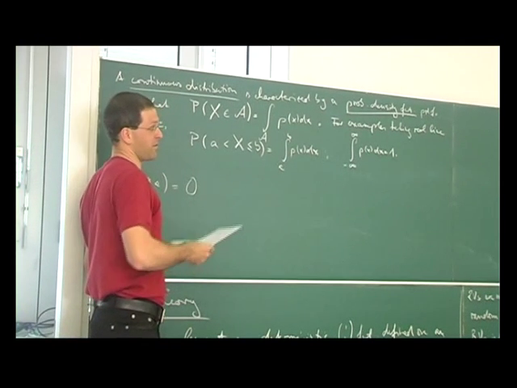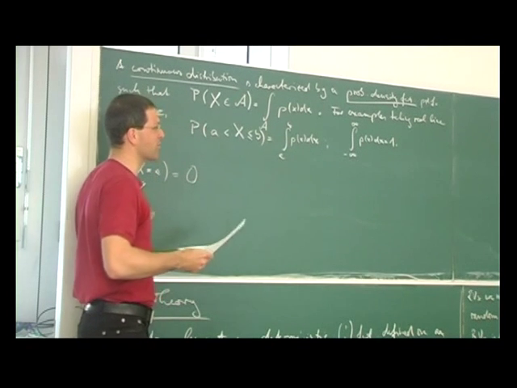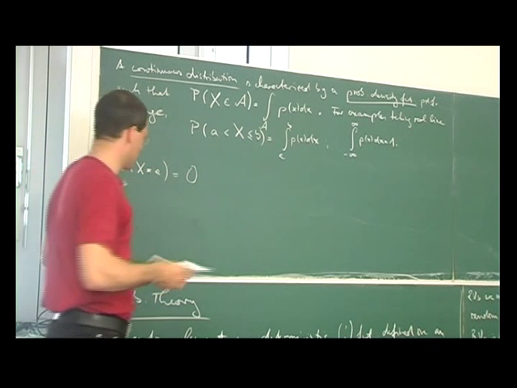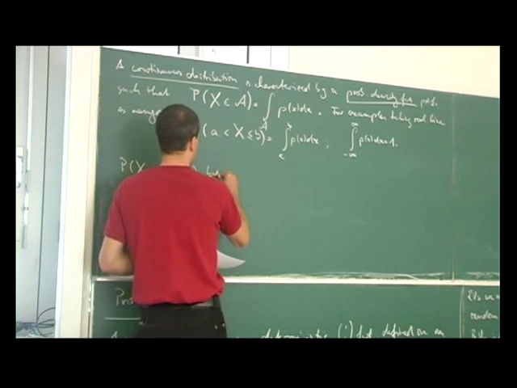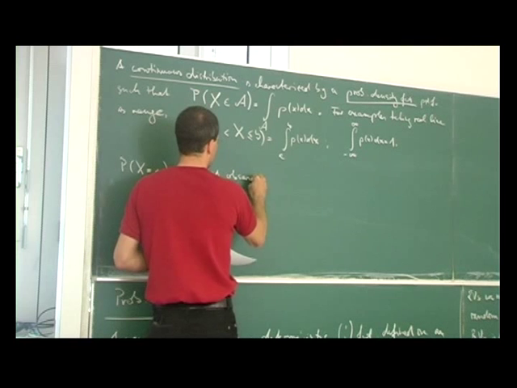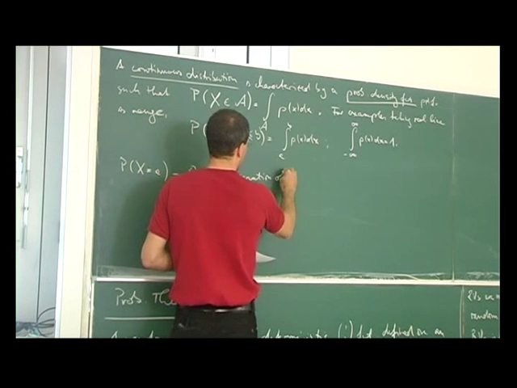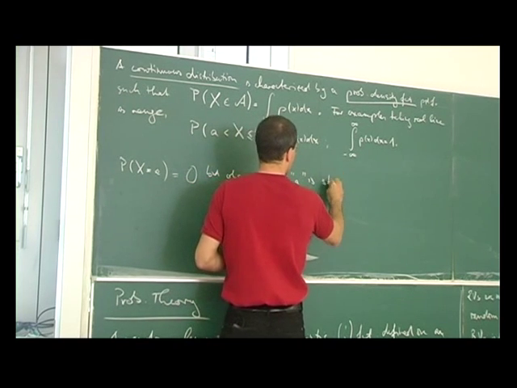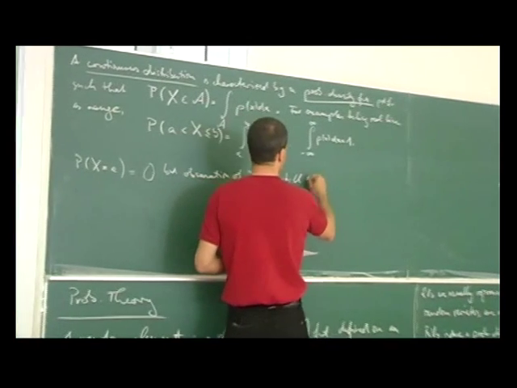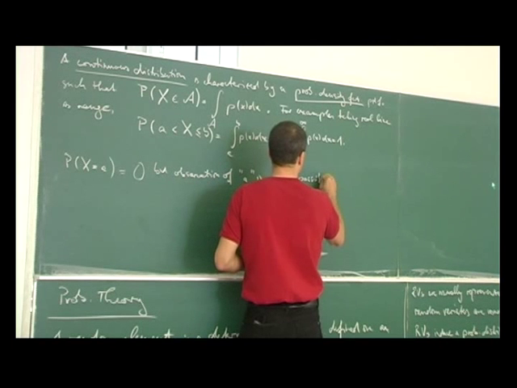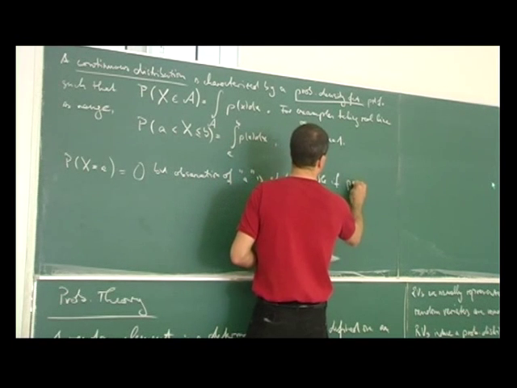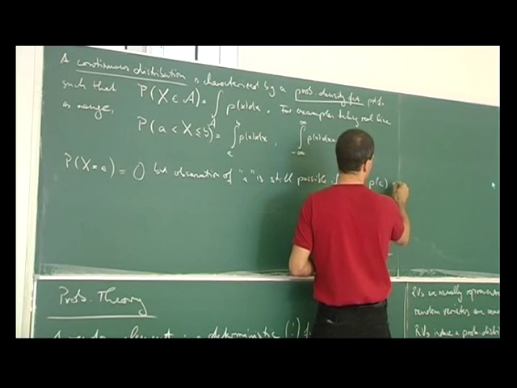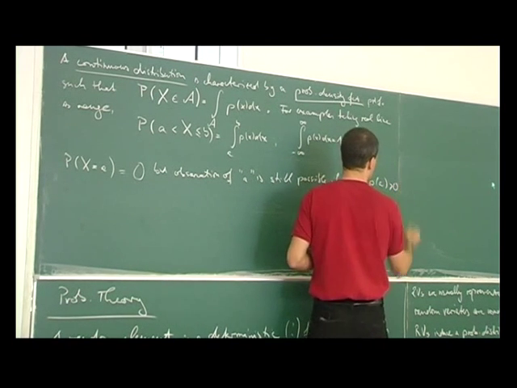This has to do with us having more than a countable number of elements in our range. So the observation of this value A is still possible if the probability density function at that location A is greater than 0.